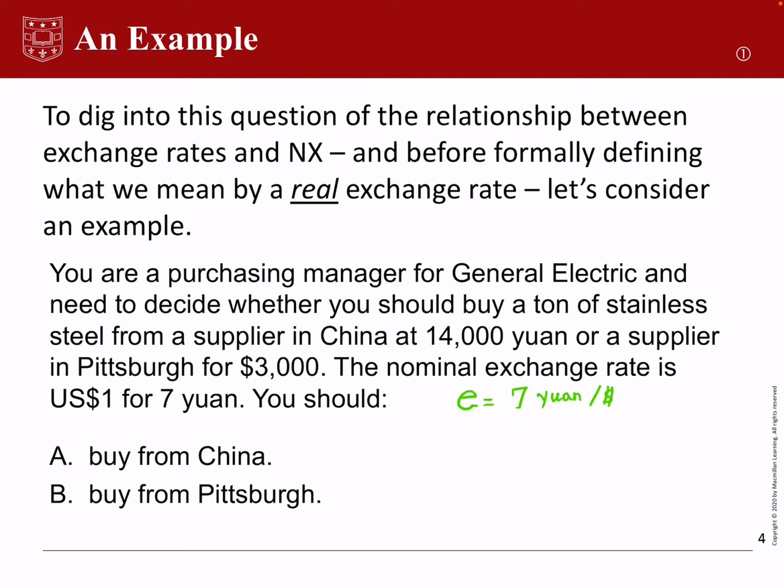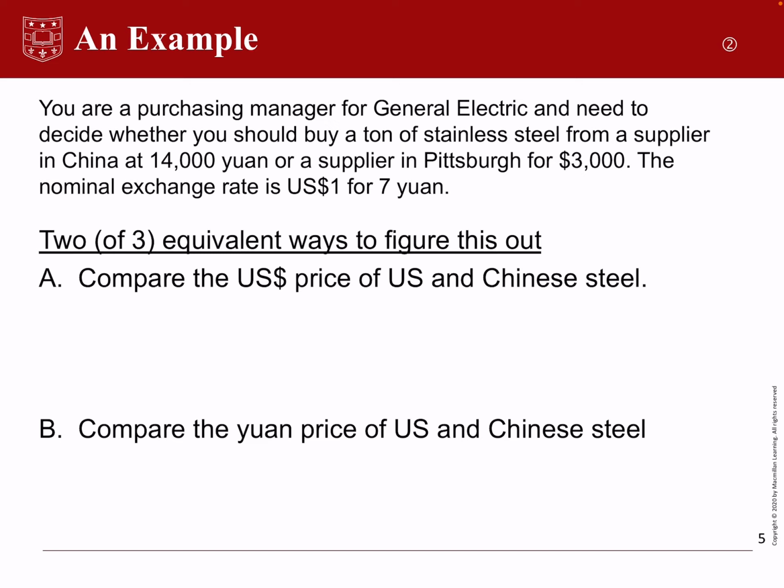Should you buy from China, or should you buy from Pittsburgh? And in order to get a handle on this, what I want you to appreciate is that there's lots of different equivalent ways of thinking about arriving at an answer to this question.